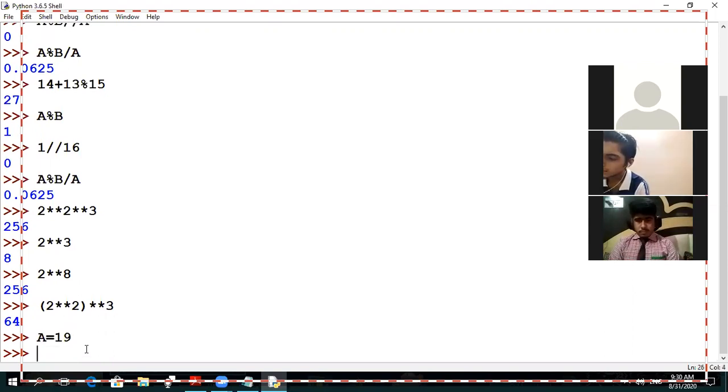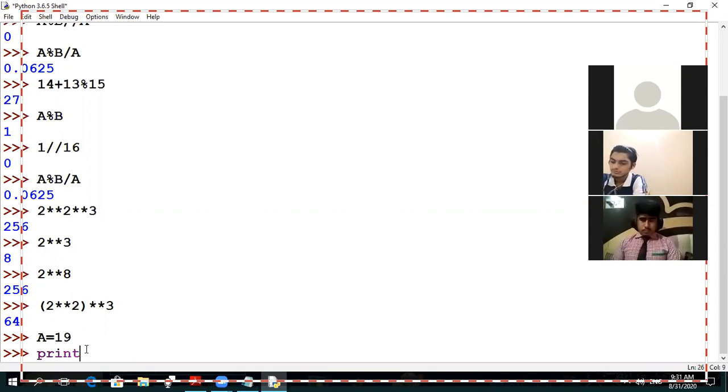Now the second case is dynamic typing. In dynamic typing, it means anytime we can change the value of A. Look here, suppose that I am displaying this value.